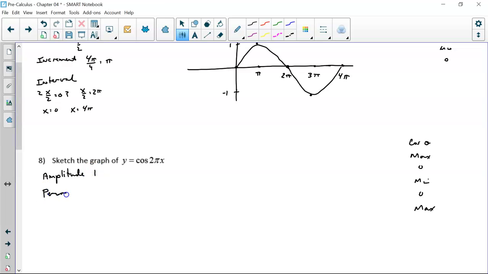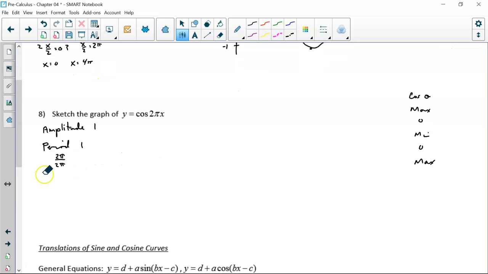Now the period, that's going to be 2 pi divided by 2 pi. So our period is 1 as well. Looks weird, but it's okay. We'll deal with this. Our increment, that's our period divided by 4. So our increment is 1/4.